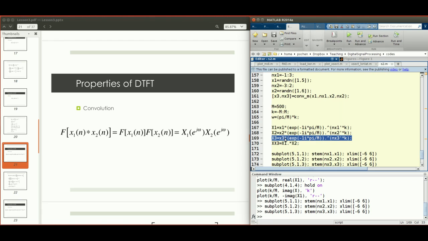The third signal is the convolution of the first two signals. So big X3 is the Fourier transform of x1 and x2 convolved together, the Fourier transform of the convolution of x1 and x2.